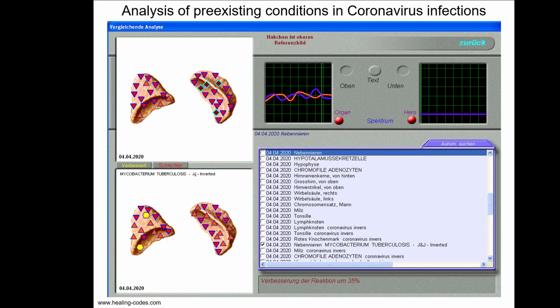Here the value is 35%. An energetic disturbance of the adrenal glands typically leads to blood pressure regulation disorders, often with too high, too low, or even repeatedly changing blood pressure, or arterial hypertension and hypotension.